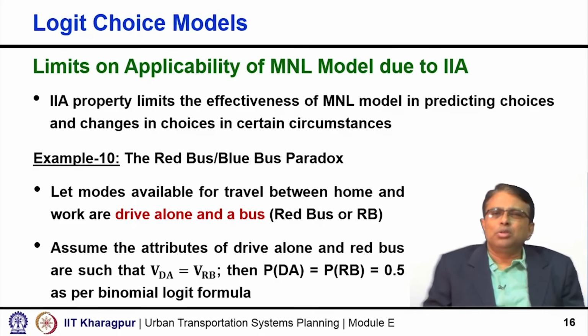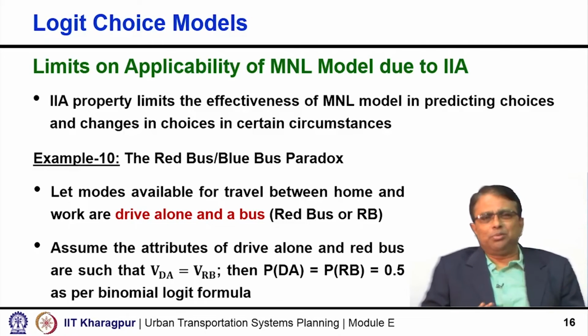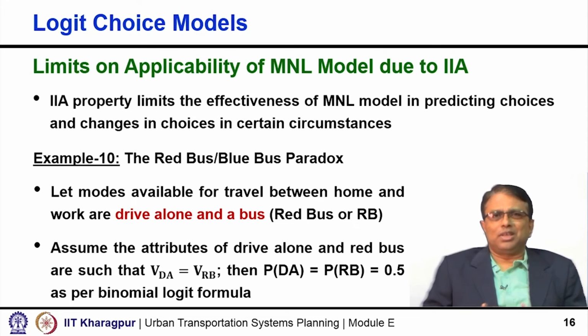Now, also assume that the utility of drive alone and red bus are the same. Maybe with fare adjustment and all those things, it has been done in such a manner that for both the modes available, drive alone and bus, the utilities are the same. So, what do you expect?